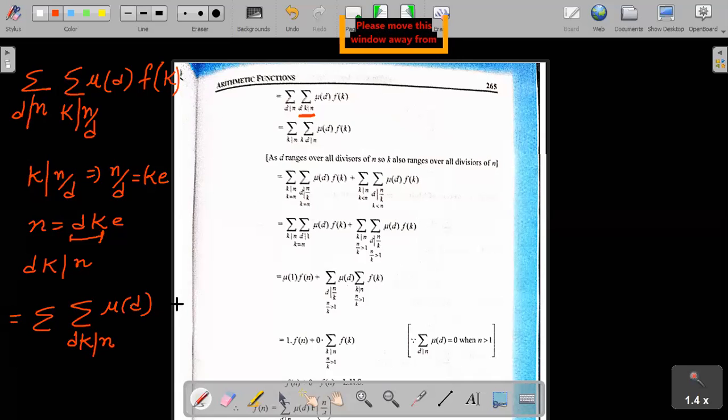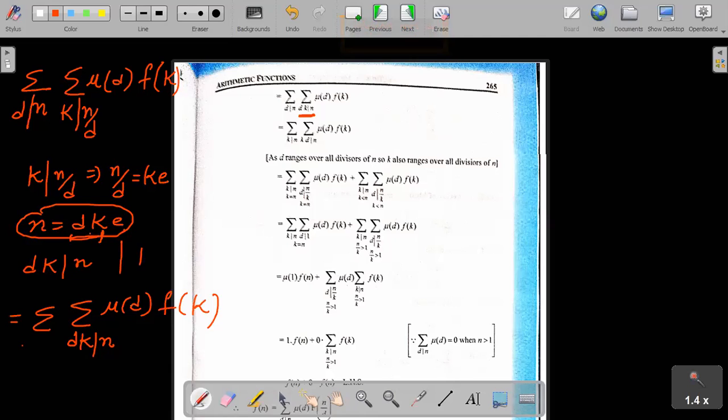And I want, so this is f of k, and k is what? So I can say from here also, n is dk e. So you see n is equal to k into some integer. So from here one thing again follows, k also divides n. So we can write this as k divides n. Why we have written this? You will see what is the use of this. But is it fine? Is it clear?